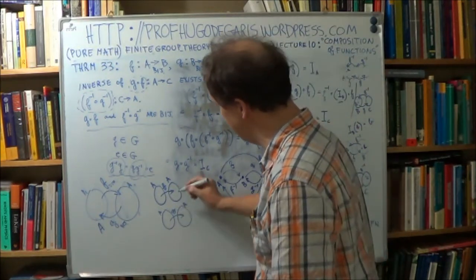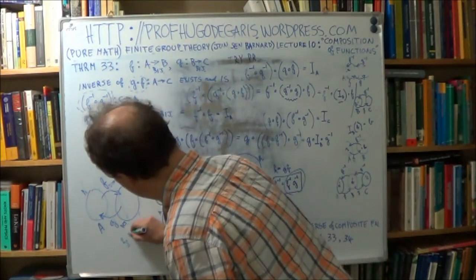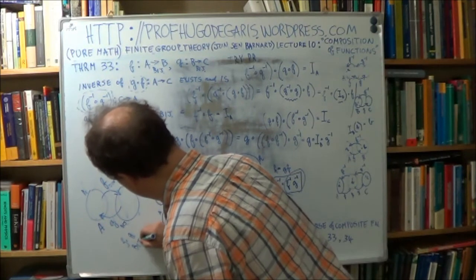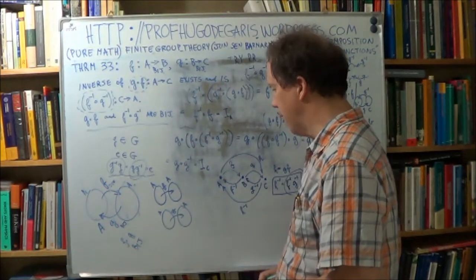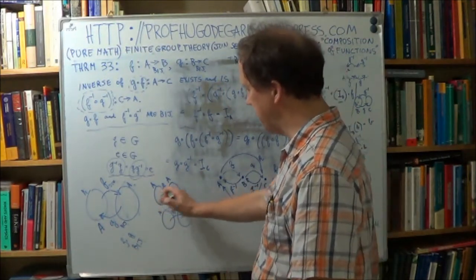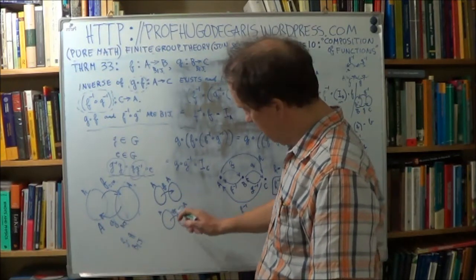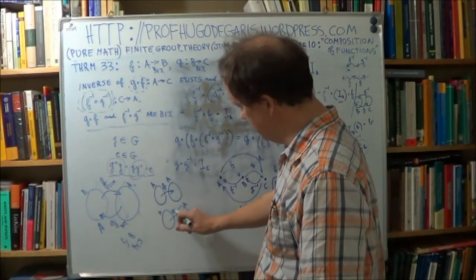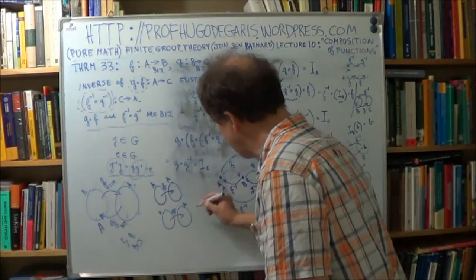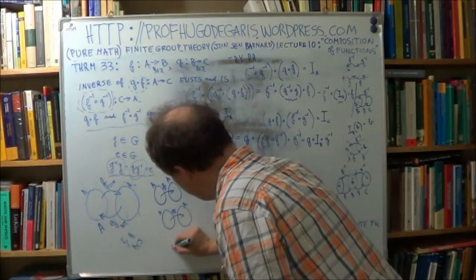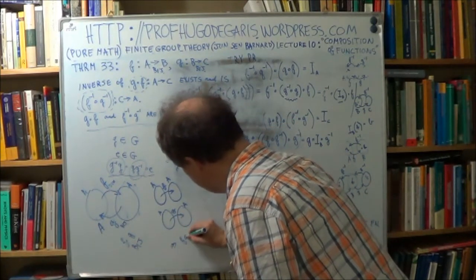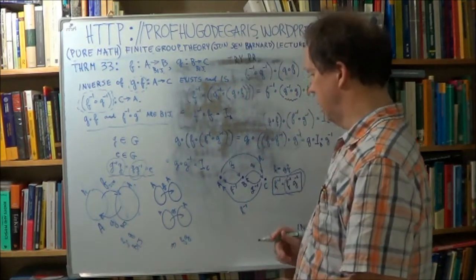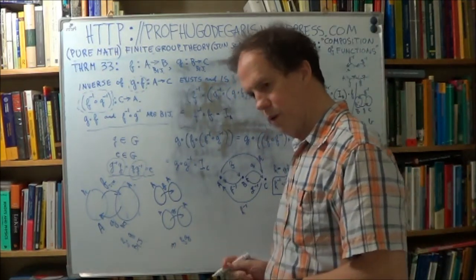They're both bijective, and they both map A to A. F is bijective, g is bijective, and therefore fg is bijective. Where did we prove that?